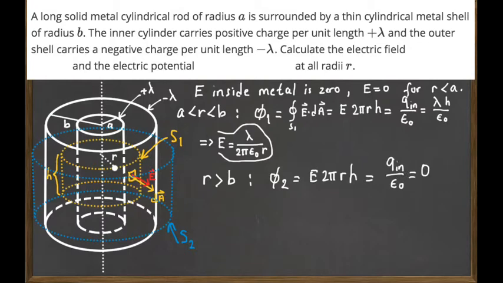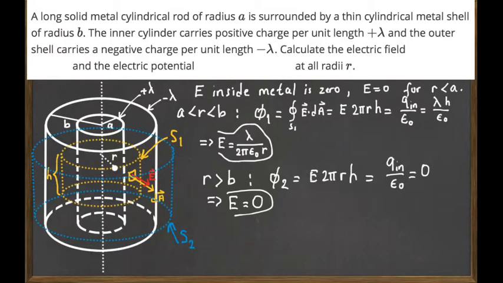But when you come to the charge which resides inside this blue Gaussian surface, it will be, of course, 0, because we have plus lambda charge distribution in the inner core and minus lambda in the outer shell. So if you add them, you will have a 0 net charge. That means the electric field outside these cylindrical shells, the cylindrical metal conductors, will be equal to 0.